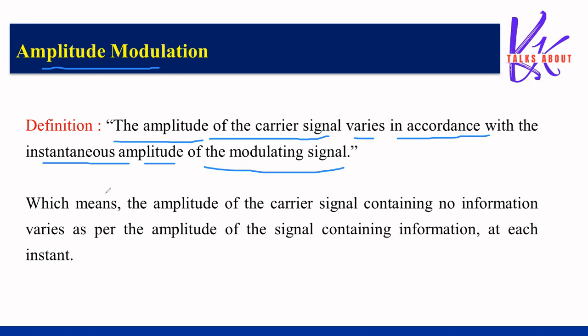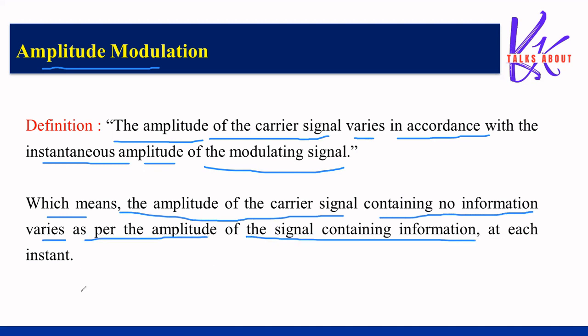So with the process of modulation, we are sending the information on a high frequency signal, or we are doing the modulation of a high frequency signal to transmit the information which is there in your message signal. That means the amplitude of the carrier signal containing no information varies as per the amplitude of the signal containing information at each instance.